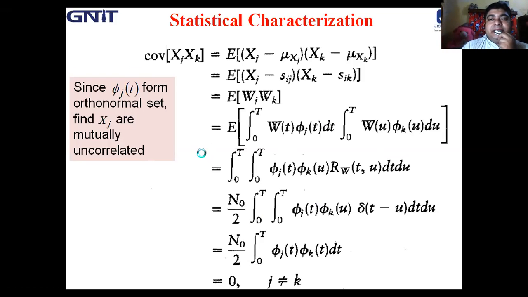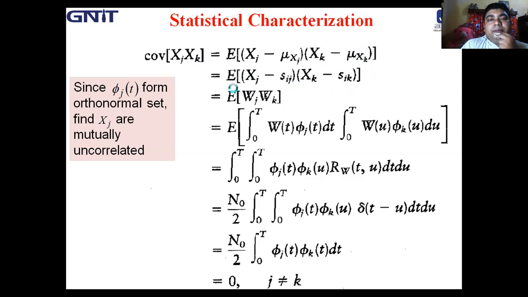So the covariance is the expectation of xj minus mu xj, times xk minus the mean value mu of xk. So xj minus the mean value of xj, that is sij, and xk minus the mean value of xk, that is sik.